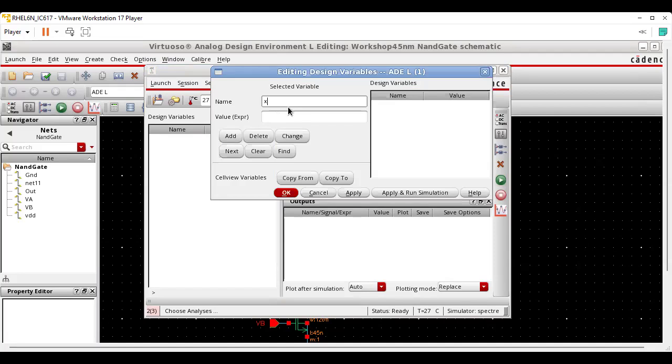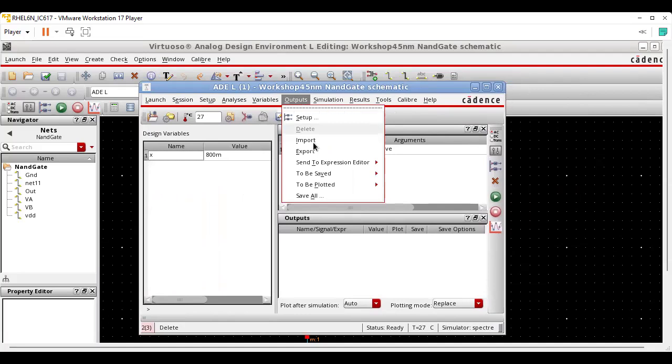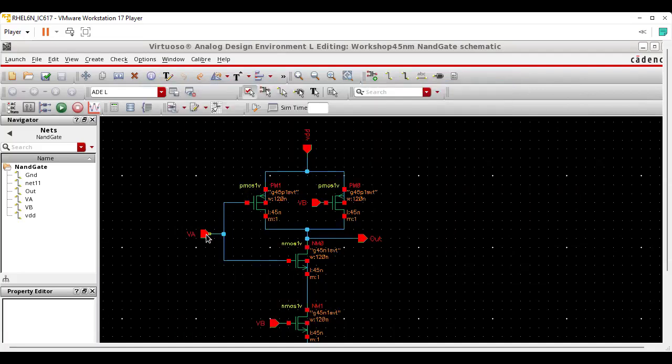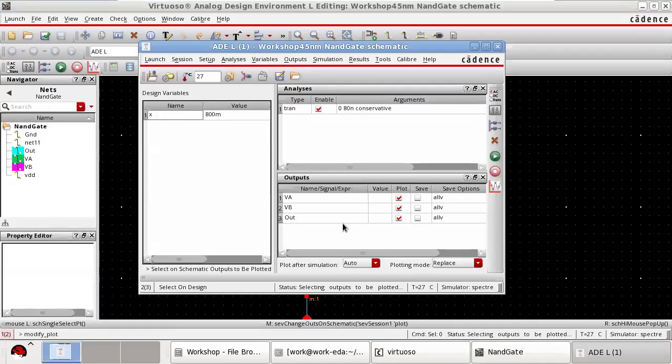I take an input with the name of X with value of 0.8, right? Now in the output, I want to see VA, VB, and output. Now, the question is what is VA, what is VB, and what is output?